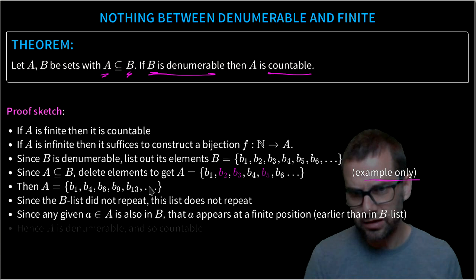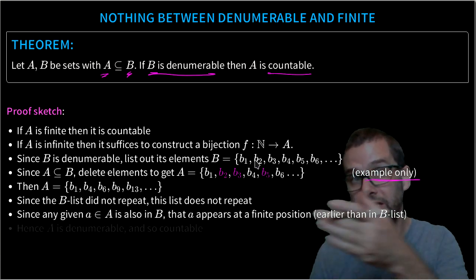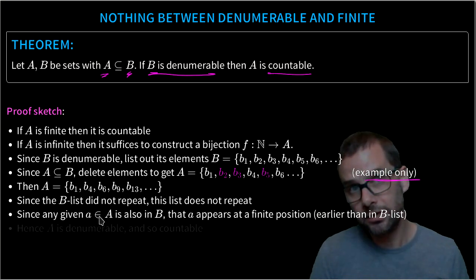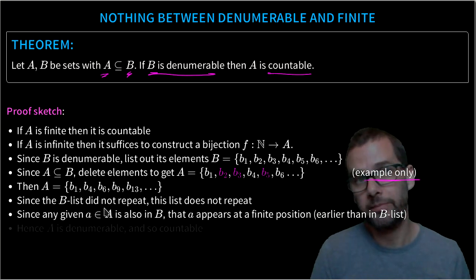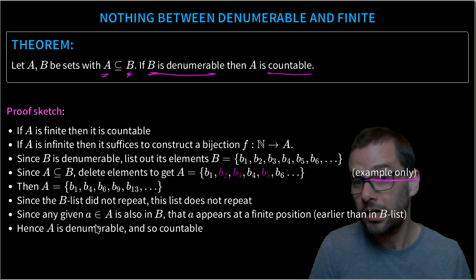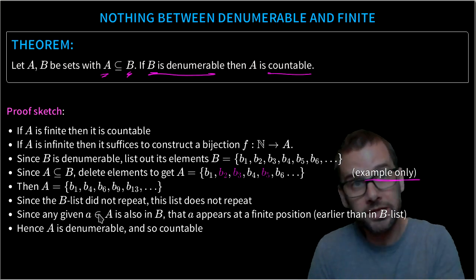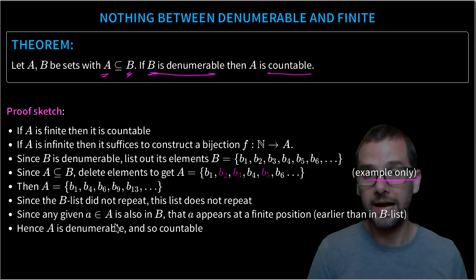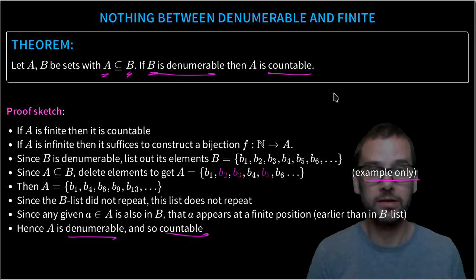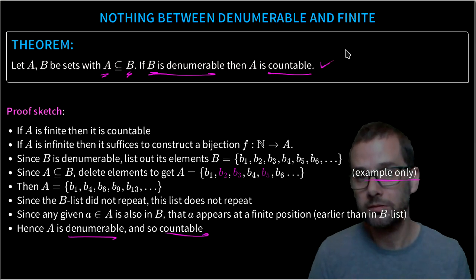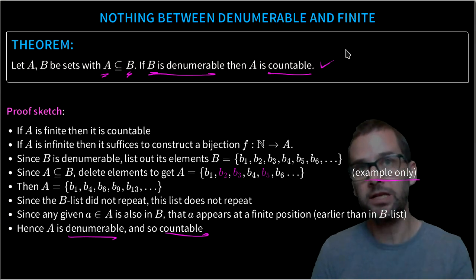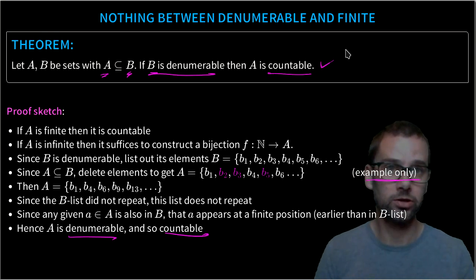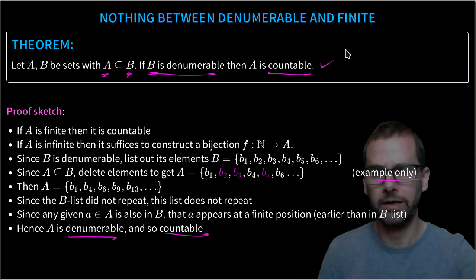So this list doesn't repeat itself, and any given element of A appears at some finite position. This gives us implicitly a bijection between A and N, meaning that A is denumerable and so countable. This shows that any subset of a denumerable set is either finite or itself denumerable. There's no other infinity in between.